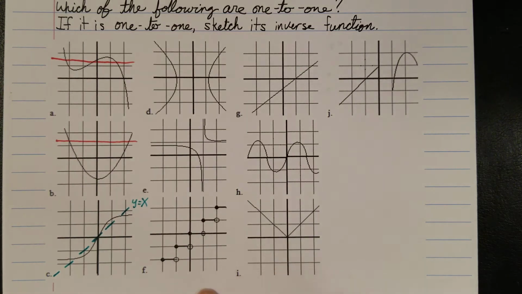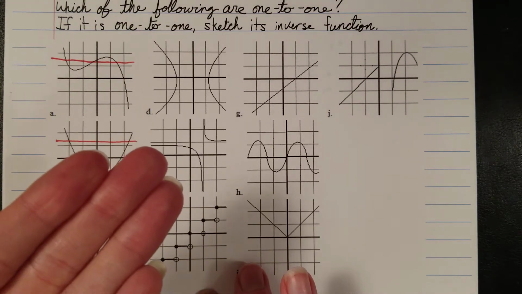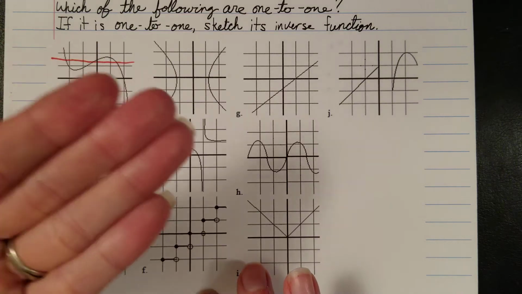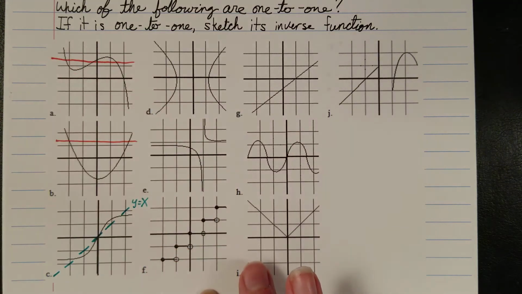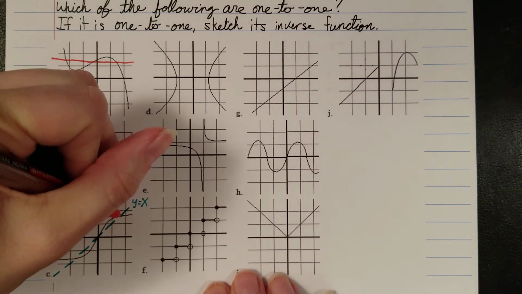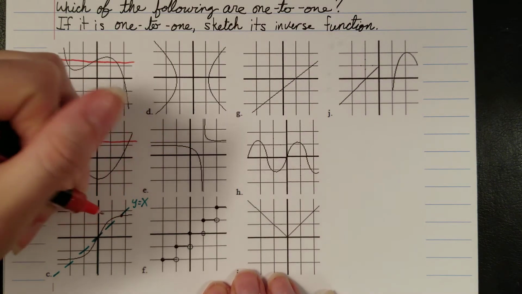Then I'm going to reflect the graph over that line as an axis of symmetry. The points where it crosses that line are going to be points on the inverse.